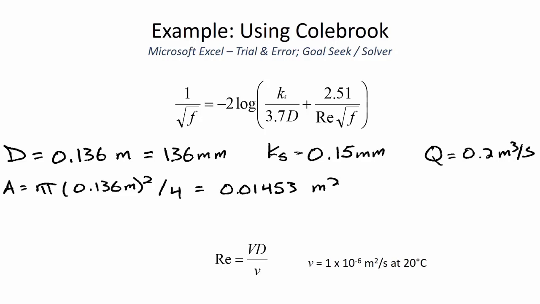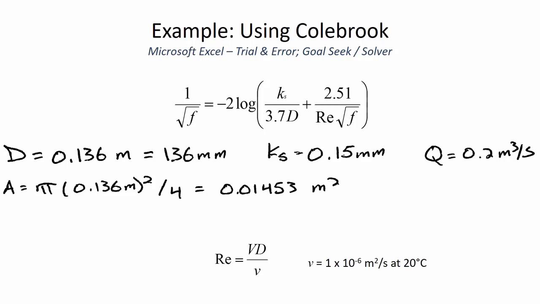And this turns into 136 millimeters. I'm expressing in terms of millimeters because when we have the equivalent sand roughness in millimeters, we'll want the ratio of the two to be in the same units. And finally, we're given a flow rate here is 200 liters per second, which is 0.20 cubic meters per second.